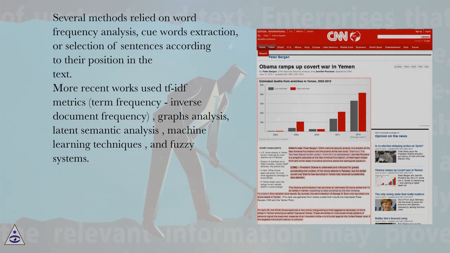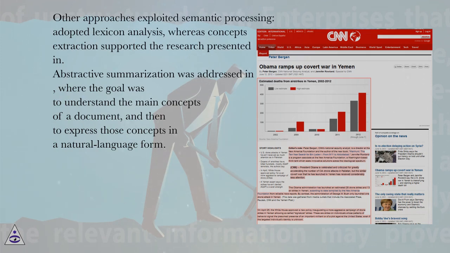More recent works use TF-IDF metrics (term frequency, inverse document frequency), graphs analysis, latent semantic analysis, machine learning techniques, and fuzzy systems. Other approaches exploited semantic processing, adopted lexicon analysis, whereas concepts extraction supported the research presented in.